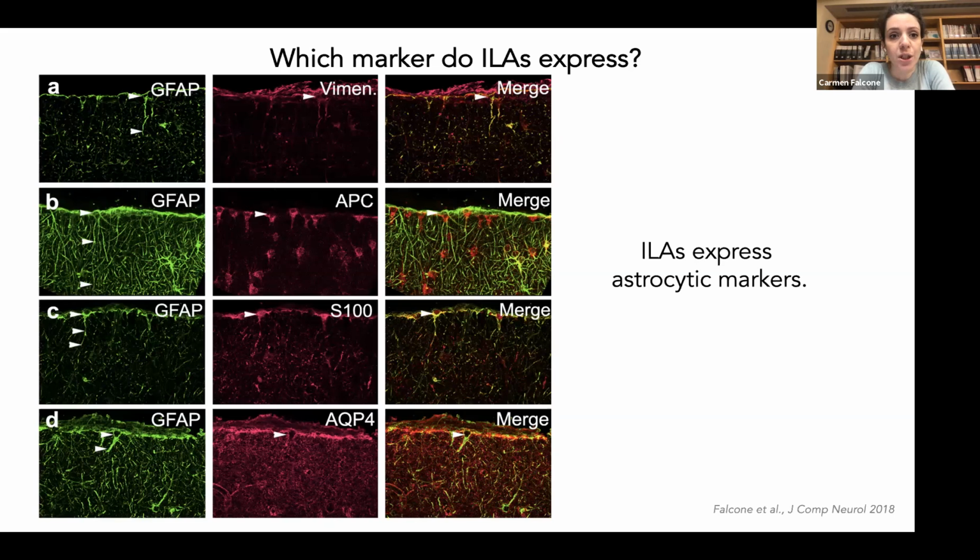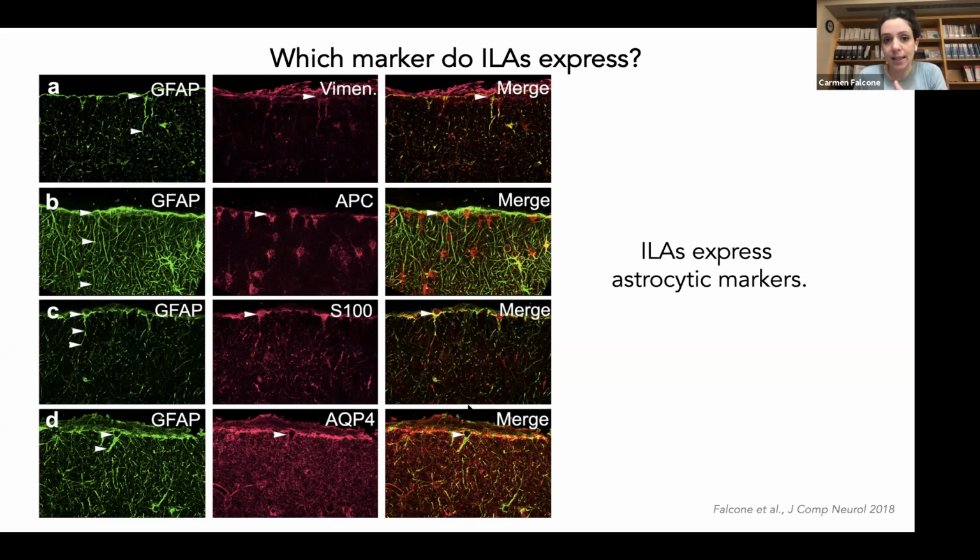So I used different astrocyte markers to see if they also express astrocyte markers, because nobody had really tested them before. I don't want you to remember all the details here, but we tested other astrocyte markers like vimentin, APC, S100 beta, and aquaporin 4, and they do express all these other astrocyte markers.